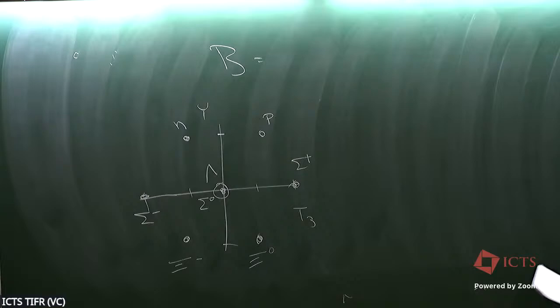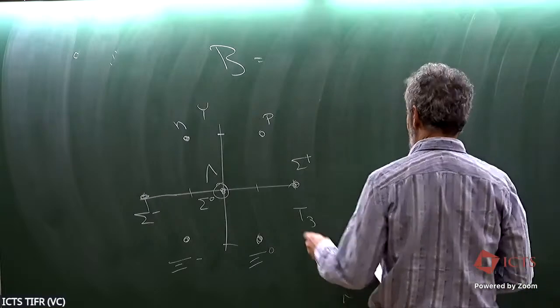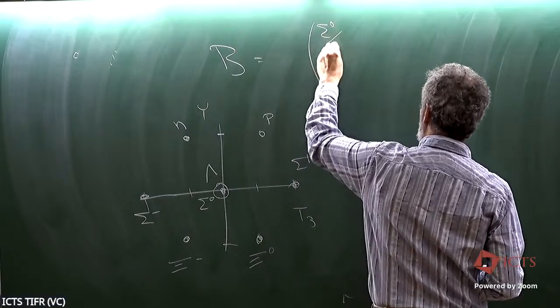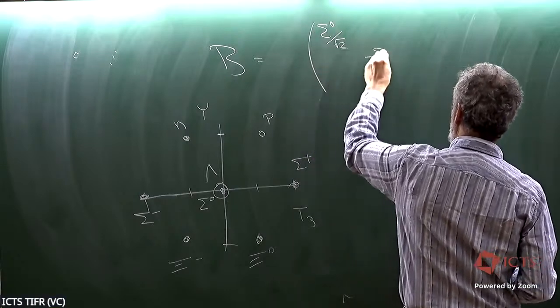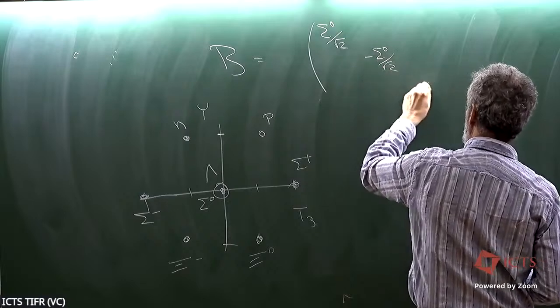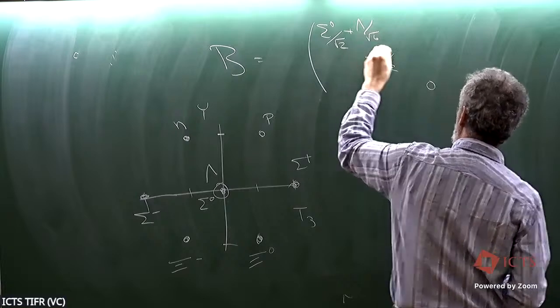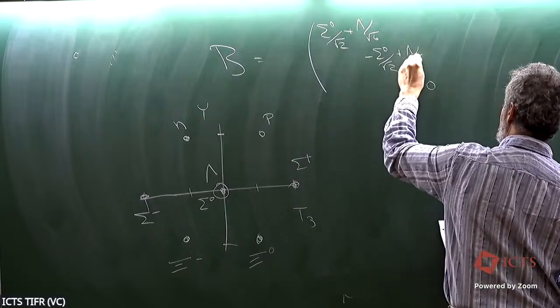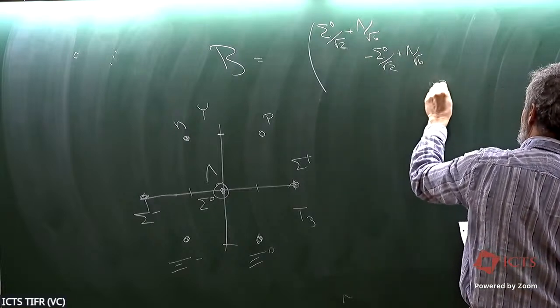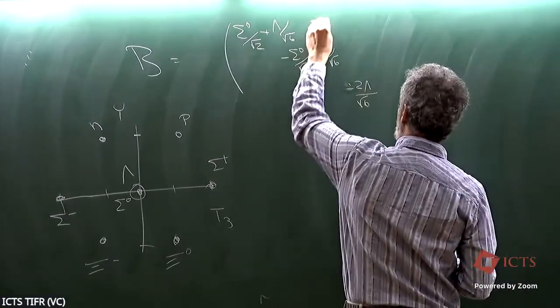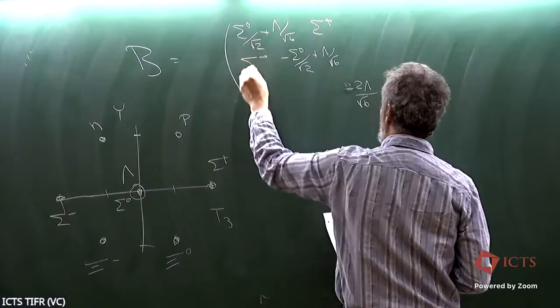And so the baryon matrix looks very similar. Sigma 0 takes the place of the pion, the lambda takes the place of the eta, and then the sigma plus and sigma minus take the place of the charged pions.